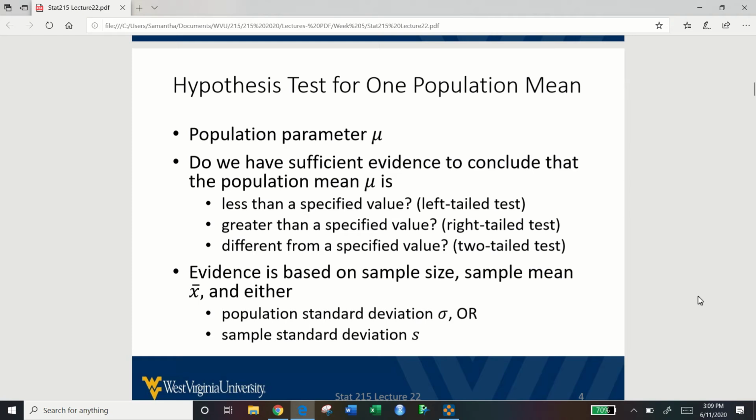These 3 options will form the basis of our alternative hypothesis. Then we'll have evidence that is based on our sample, meaning our sample mean, x bar, and either our population standard deviation sigma or our sample standard deviation s. Depending on the problem information will depend on what sort of hypothesis test we conduct.